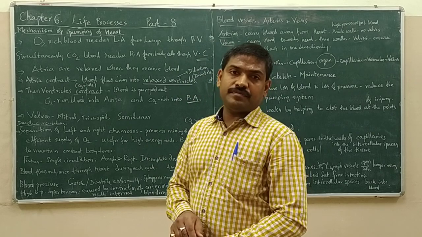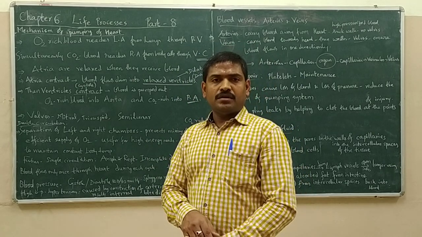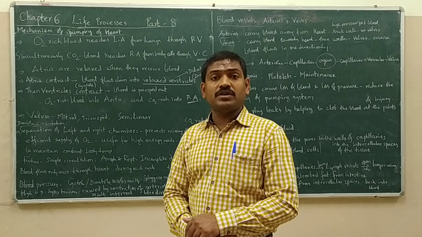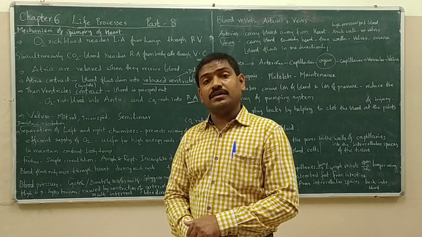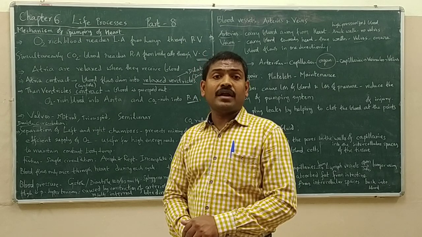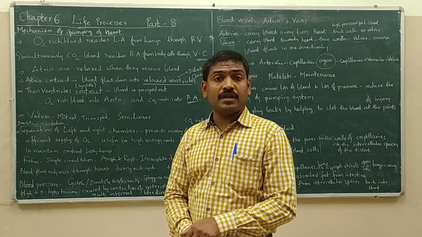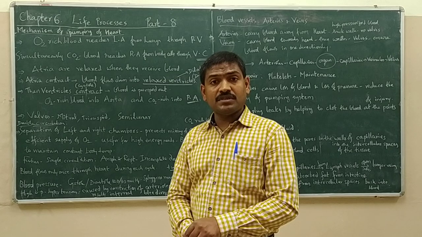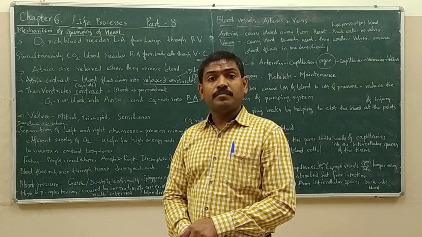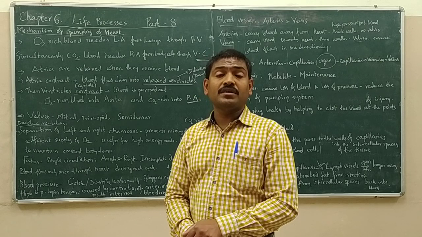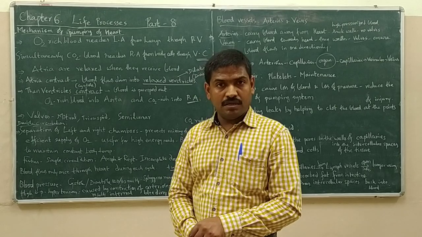Double circulation. Before going to double circulation, we have to understand how many types of circulations are there in the chordates. In the phylum Chordata, the subphylum Vertebrata has 5 classes: fishes, amphibians, reptiles, birds, and mammalia. Fishes have only a 2-chambered heart.